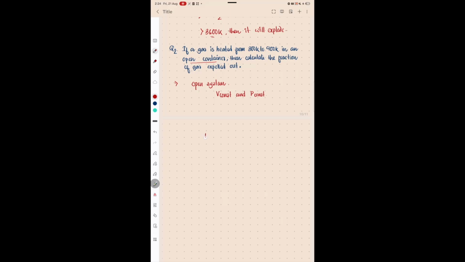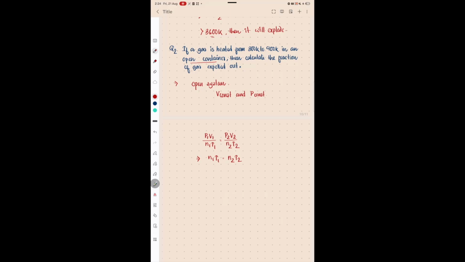So what was the equation? P1 V1 by N1 T1 is equal to P2 V2 by N2 T2. Now volume and pressure are constant. That means N1 T1 is equal to N2 T2.